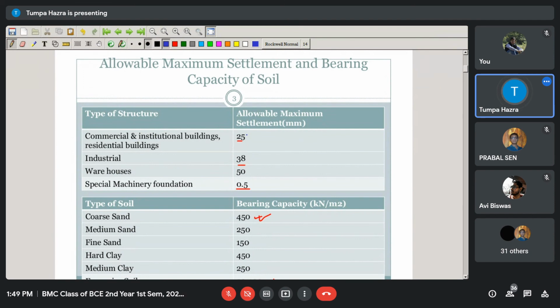But if it is tilting settlement, then it will cause cracks in different components of the building, and if the cracks are excessive, then obviously your whole structure will collapse.